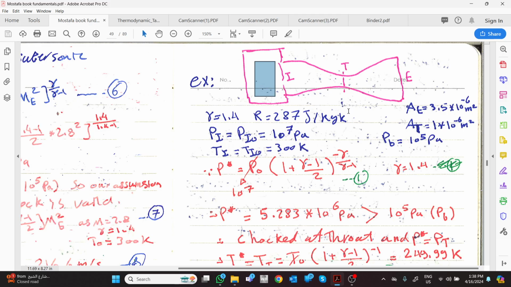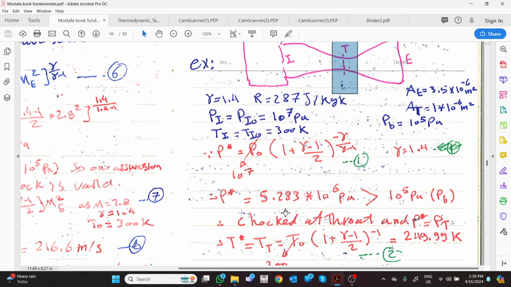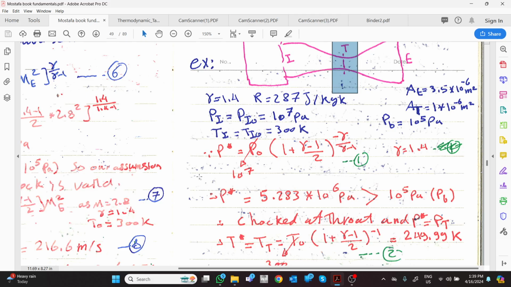Okay, first of all, we need to calculate the definition of P star. In case there is Mach number equal to 1 at the throat, we need to check what P star should be. It is very simple. We know P stagnation is this number, gamma is 1.4, so then we can calculate P star.